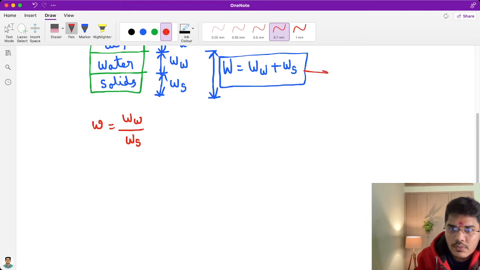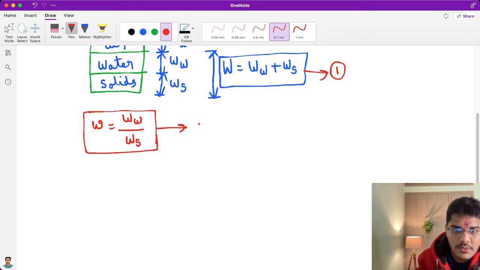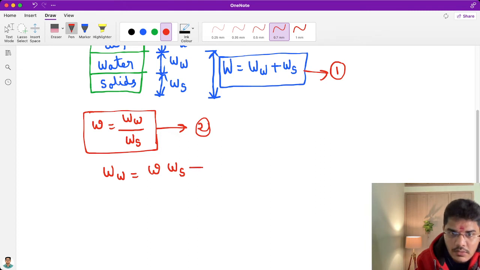Let us suppose this is equation 1, and this is equation 2. From equation 2, what can we write? Weight of water is equal to water content into weight of solids. This is equation 3.